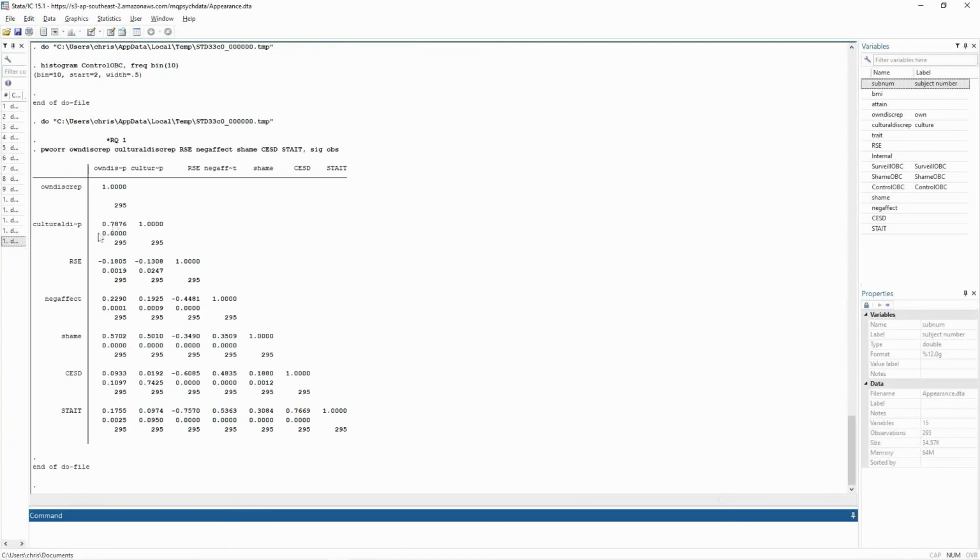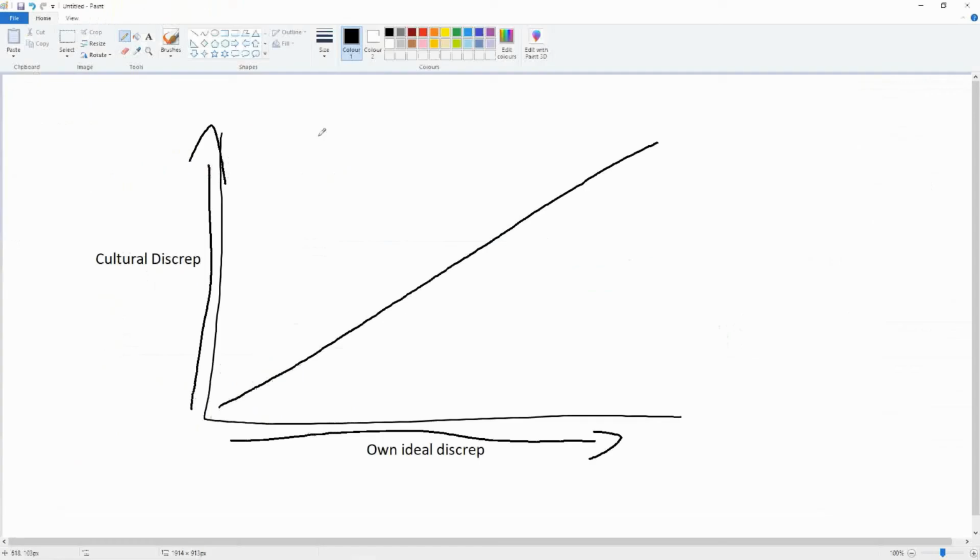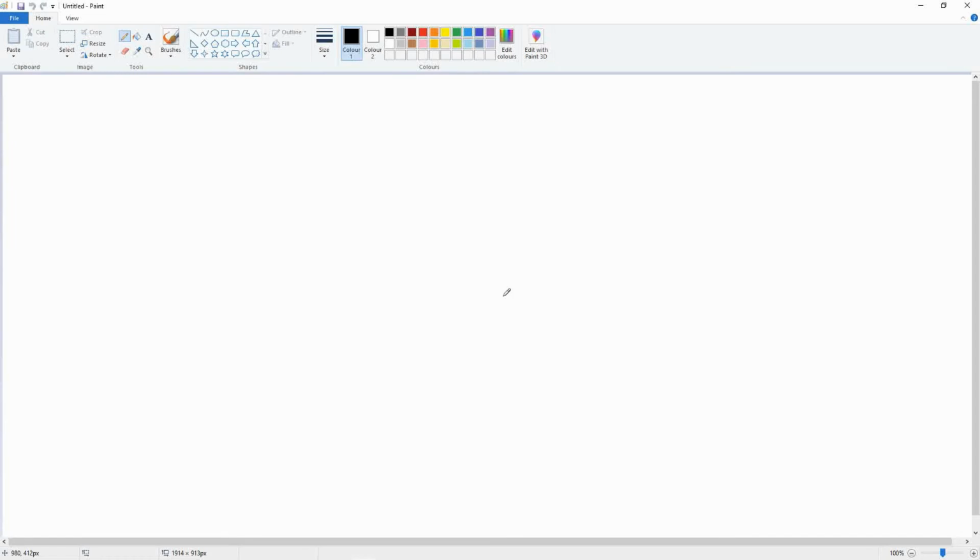Now let's talk about the p-value for a minute. The p-value is one of those things that's really poorly understood. There was actually a study not that long ago looking at experts from a number of different disciplines, including psychology, and they were asked to define the p-value. And I can't remember the exact statistic, but it was something like 20% of the sample were able to actually define the p-value correctly.